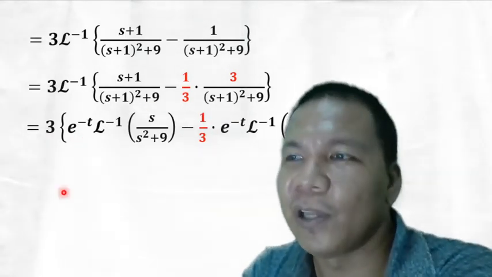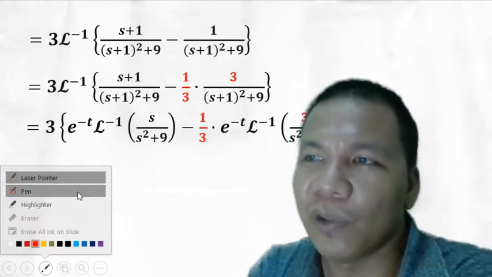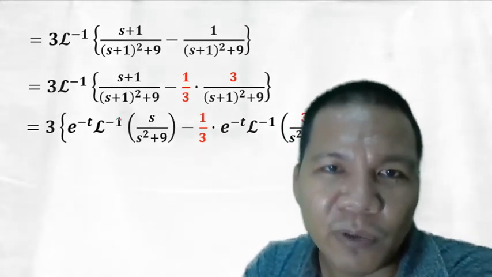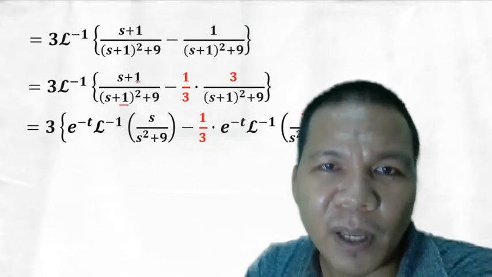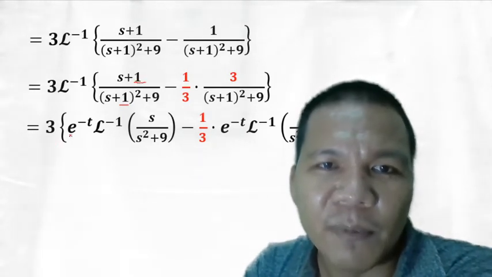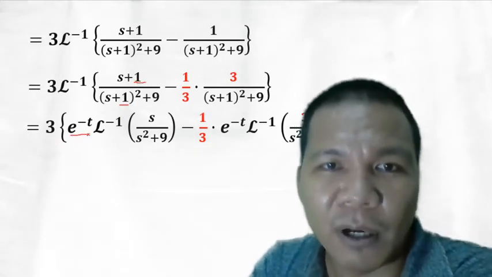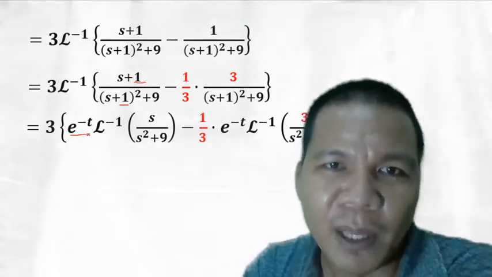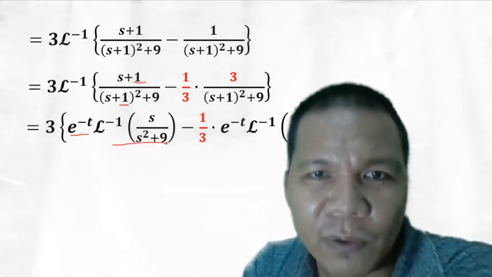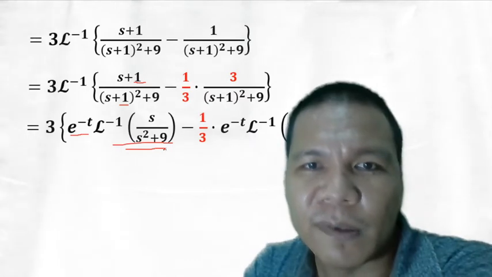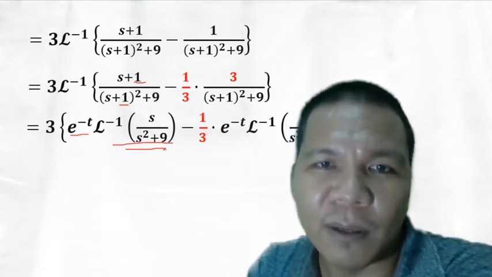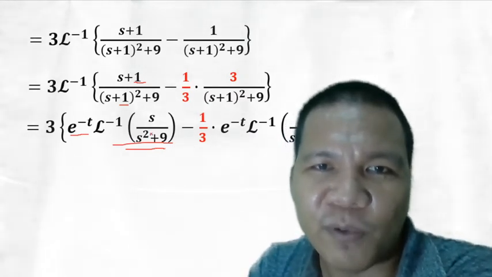If I take out 1 here and then 1 here, that becomes e raised to minus t outside of the inverse Laplace transform sign, leaving you this term without shifting. So this is s all over s squared plus 9.